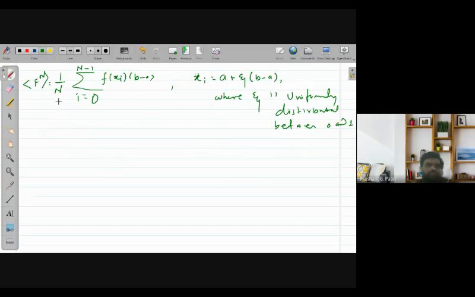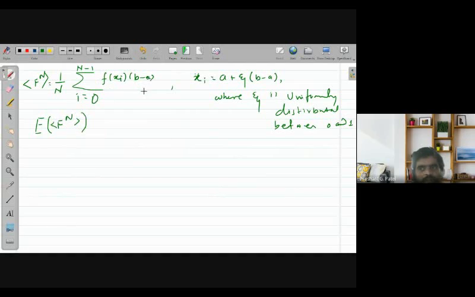F n, and one can discuss the probability of this one. The probability of this is 1, and one can also discuss its expectation. What is the expectation of this function? The expectation of this function has to be the integration from a to b.